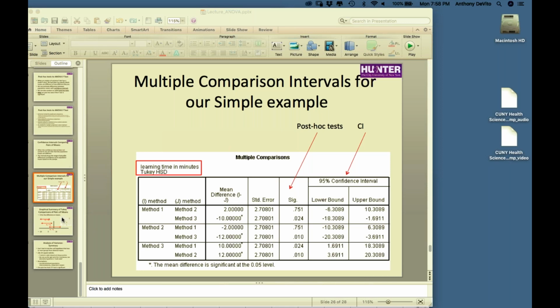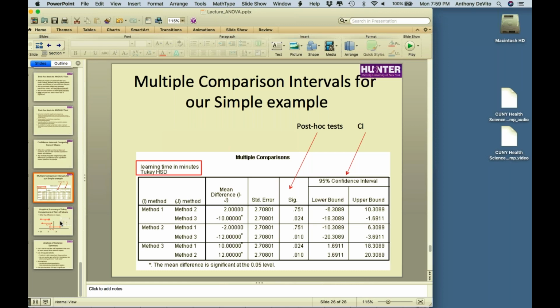If I get a couple of questions posted to the discussion board about how these post hoc tests work and which ones we should use when, maybe we can address that again when we take another look at this later on.